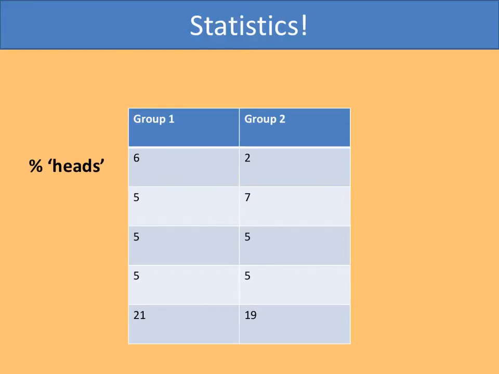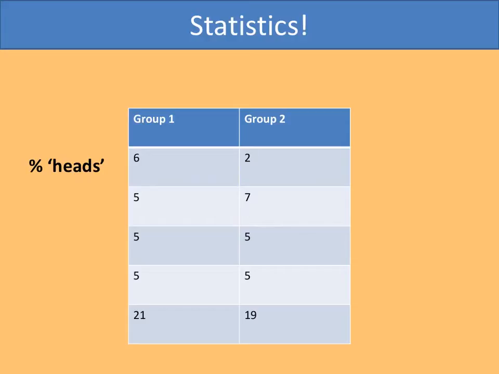It turns out the first individual came up with 6 heads and 4 tails. Another individual, 5 and 5. Another, in the other group, some individual flipped a coin and got only 2. You could actually get, just by chance alone, small chance, you could end up flipping a coin 10 times and get 0 heads, for that matter.